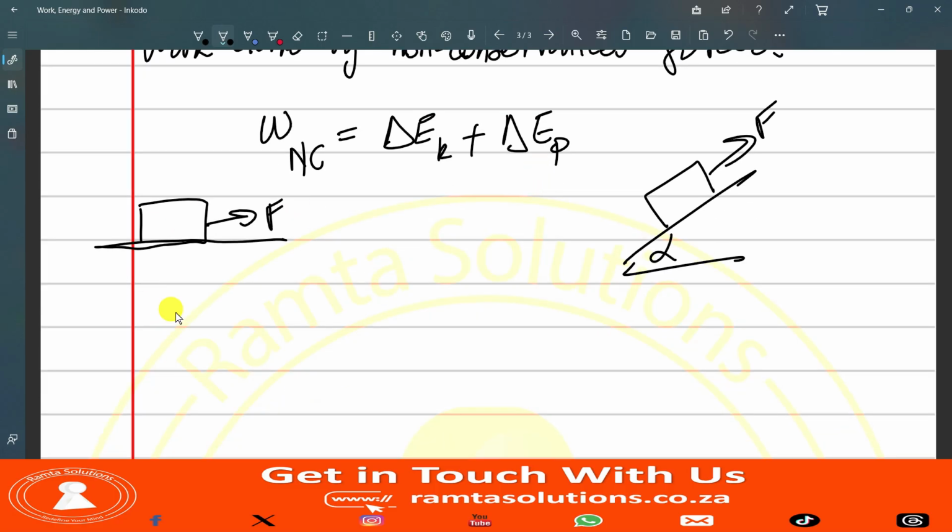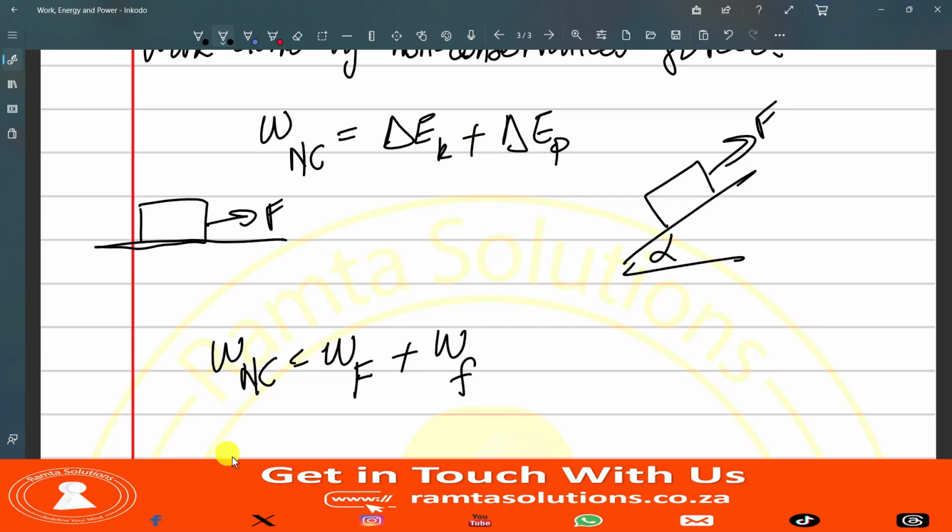So here, you do not need to waste your time. It will be this work done by non-conservative force, which applies for both of them here. It will be work done by applied force plus work done by the frictional force. You do not include work done by the horizontal component of gravity.